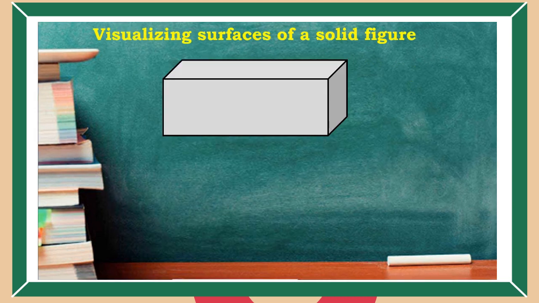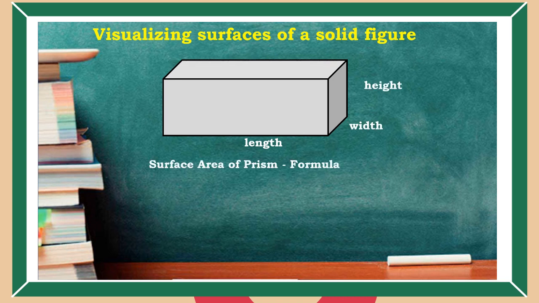Now, let us study the rectangular prism. Again, rectangular prism has length, width, and height. Rectangular prism has formula to find out the surface area. To get the surface area, we need to first find the formula of the face 1, which is the top.